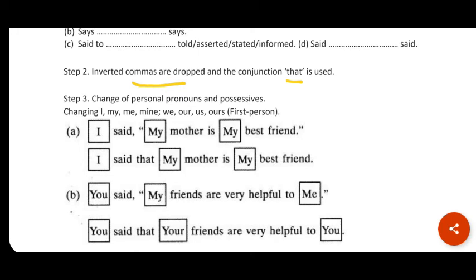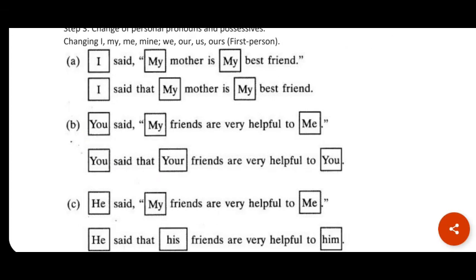If the speaker is first person, then the pronouns or possessives don't change.